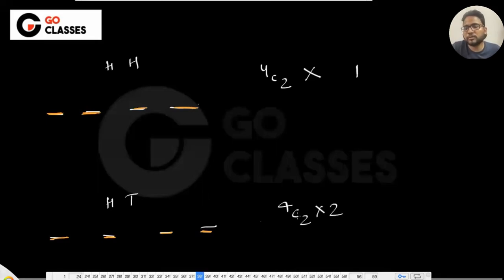If you are putting head, how many ways can you put head? Just one way, right? But if I ask you to choose 2 places from those 4, you can choose in 4C2 ways. And if you put head and tail, you can put them in 2 ways, right? So this will be 4C2 into 2. It is in fact multiplication.